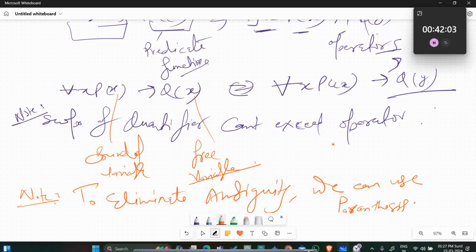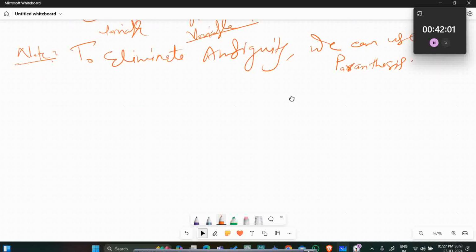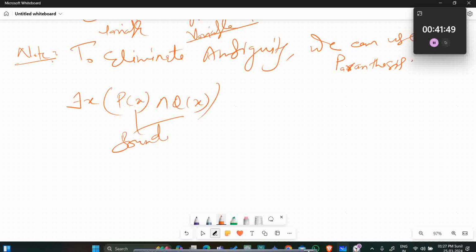For exposing both the variables to the quantifier, we can use it like this, (p(x) and q(x)). They both are bounded variables here. Next we will discuss nested quantifiers.